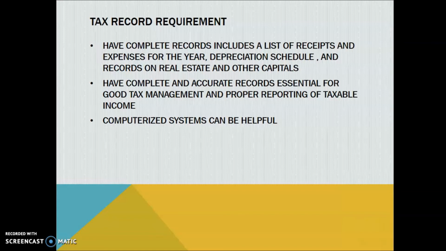Firstly, we have to always keep receipts, bank statements, invoices, payroll records, and any other documentary evidence that supports an item of income, deduction, or credit shown on your tax return.